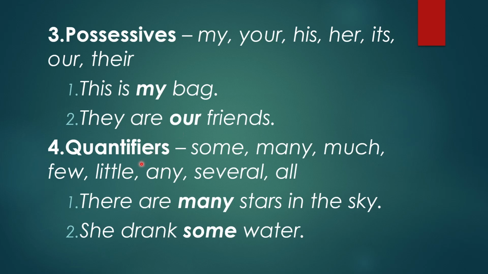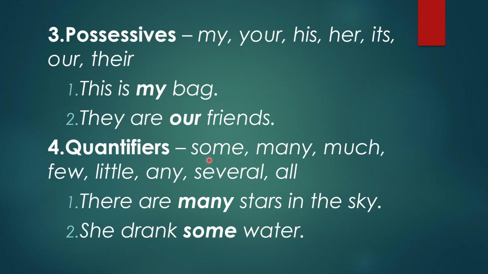Next type is quantifiers. The words like some, many, much, few, little, any, several, all are quantifiers. Some is used to indicate a small unspecified amount or number. Some can be used with both countable and uncountable nouns.